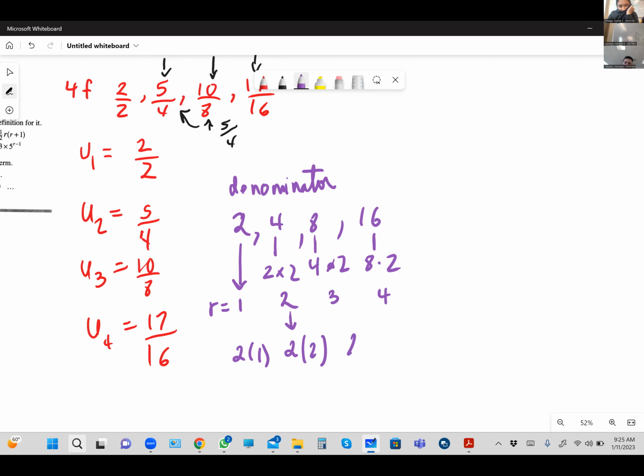Then the next one is 2 times 2 times 2. Then the next one is 2 times 2 times 2 times 2. So this is 2 to the first, this is 2 to the second, this is 2 to the third, this is 2 to the fourth. So for the denominator, you could just say it's 2 to the R.